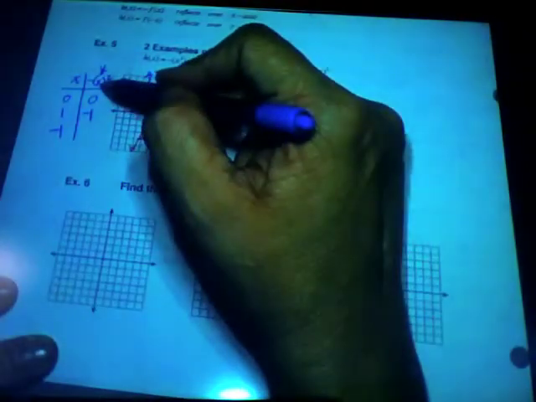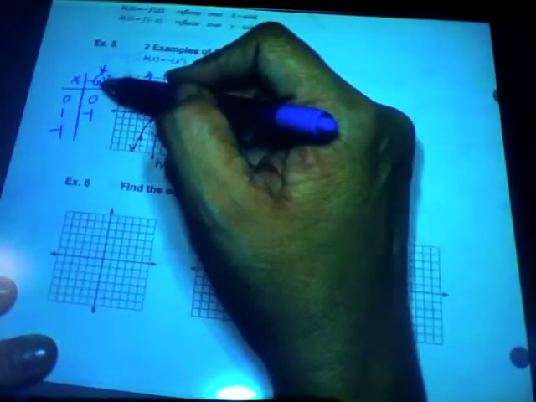Now, could you have done a table of values for your reflection? Sure. Here's my x. My y is negative x squared. So if I chose 0 for x, we plug in 0 into here, we get 0. If I plug in 1 for x, 1 squared is 1, times a negative 1 is negative 1. If I put a negative 1 in for x, I still square a negative 1.